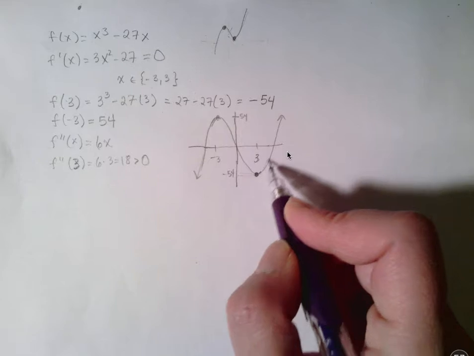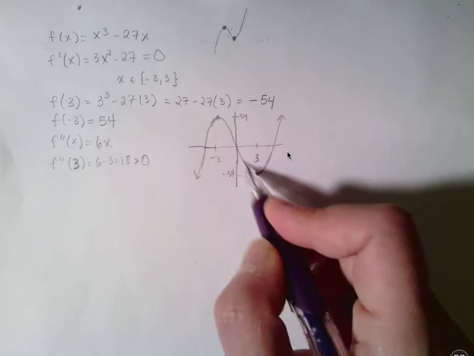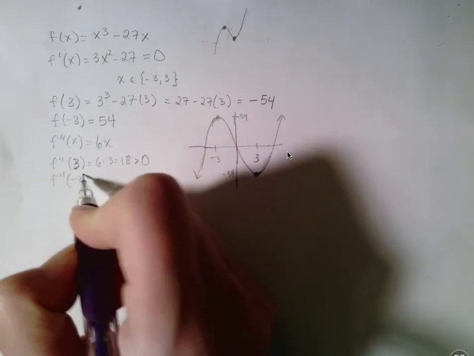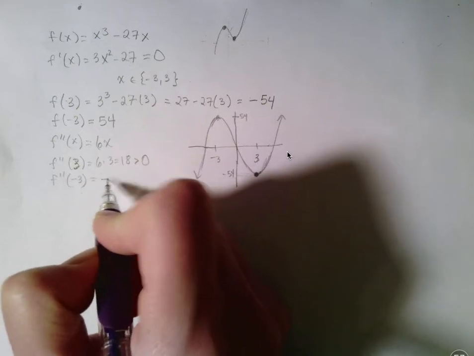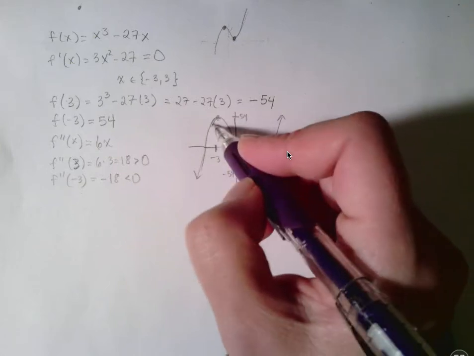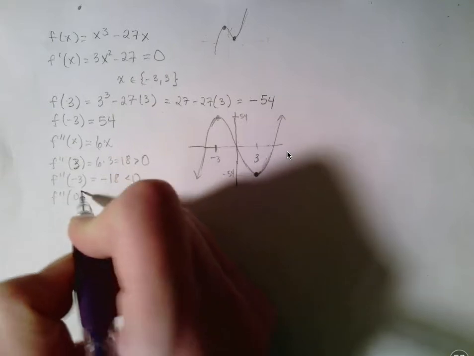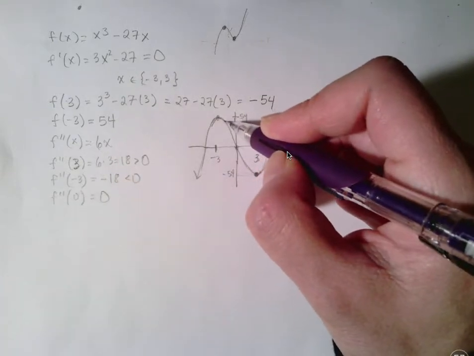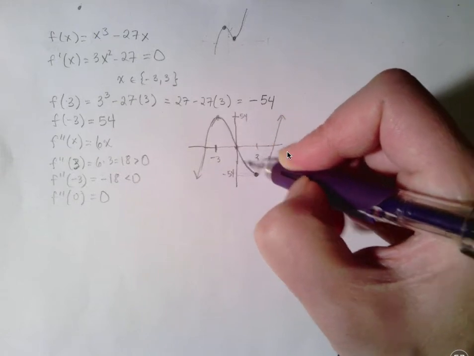So that means you have a concave up point right here, or region at 3. F double prime at negative 3 is negative 18, which means you have a concave down region at negative 3. And notice that F double prime at 0 equals 0 right here, and this is where the concavity changes from concave down to concave up.